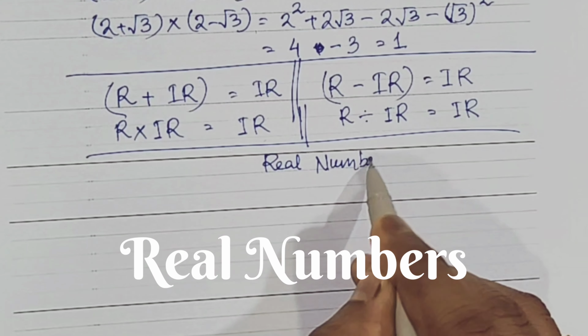To put it in a simple way, real numbers constitute rational numbers and irrational numbers.